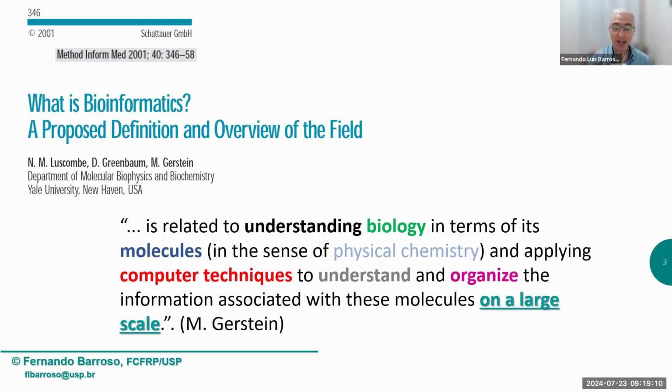So in this sense, it's more structural bioinformatics, a subdivision of bioinformatics, using a physical chemistry approach, as you can see here on the screen. This is very important to highlight, because often we talk about bioinformatics with so many different approaches that people can get confused about what we are really doing.